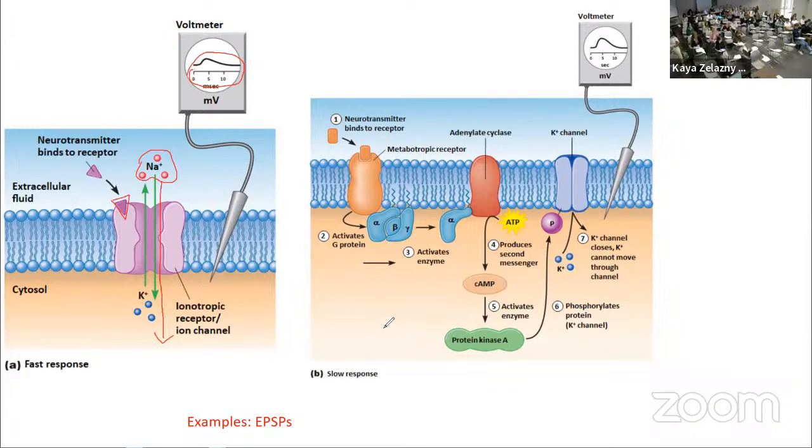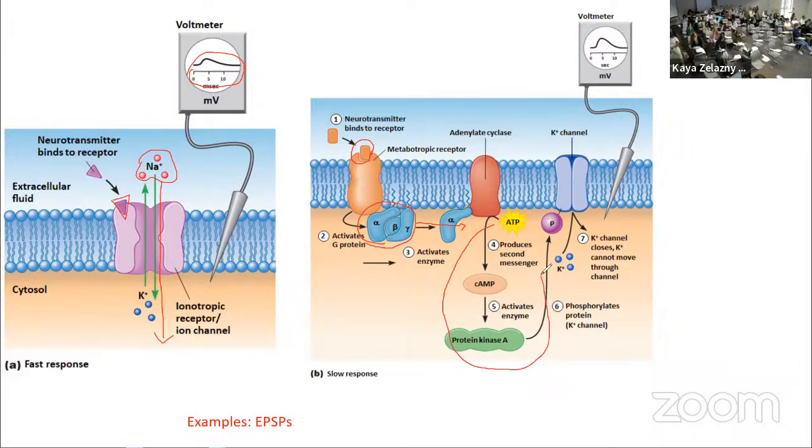Now for a slow response, but in the same direction, so still excitatory, okay? This whole picture is more complicated, but we still have a neurotransmitter binding to a receptor on our postsynaptic neuron. This happens to be a metabotropic receptor, so it has to activate a G protein, which then splits open. The cell has some internal signaling, so there's a second messenger system involved here.